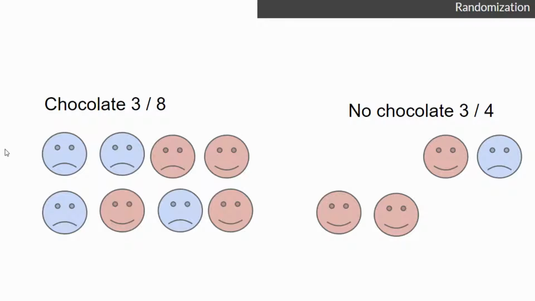And one particular way in which bias can creep back into randomized studies is through missing data. And I concocted an example where, for the chocolate group, it's just like before. 3 out of 8, it's the same set of smiley faces and frowny faces as before. But for the non-chocolate group, almost every person who was not taking antihypertensive medications dropped out of the study.